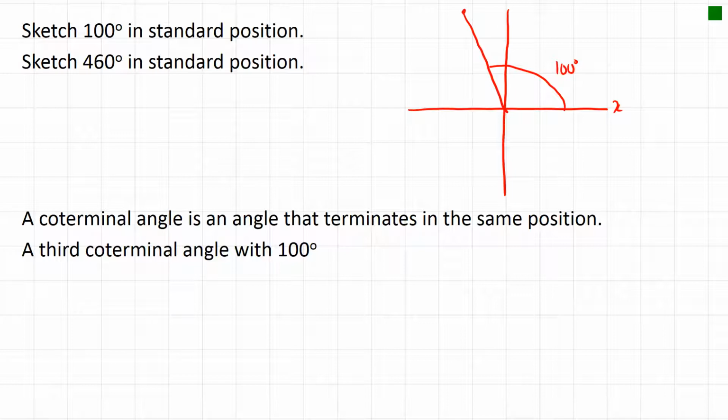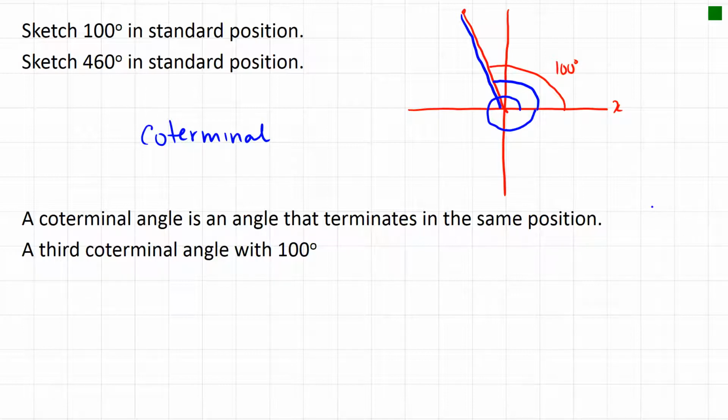Now if I sketch 460 degrees, do that in blue, it's a large angle, we're going to go 360, there's 360, plus an extra 100, and we're going to end up in the very same spot. So these two angles here, 100 and 460, end up in the same spot, so they are called coterminal. So a coterminal angle is an angle that terminates in the same position.